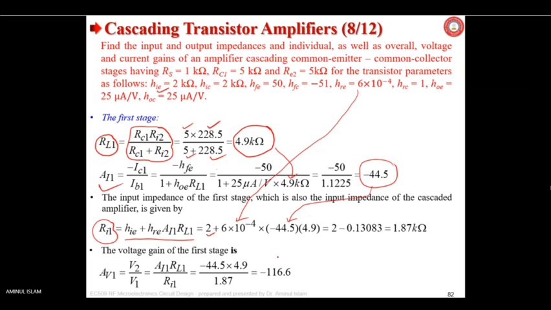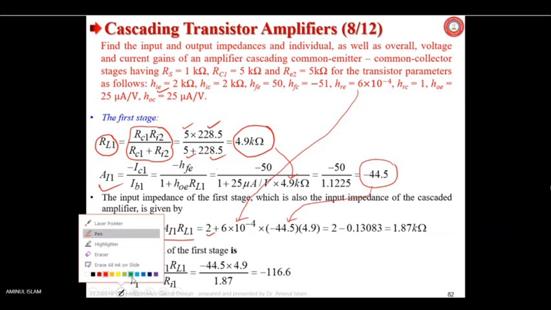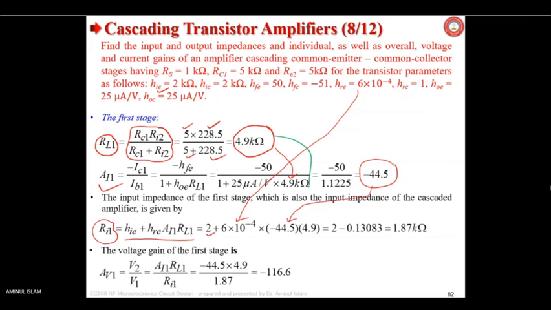Let me take another color so that it will not confuse you. This is coming here. So after calculation, you get 1.87 kilo ohm. So the input impedance or input resistance is 1.87 kilo ohm for the entire stage or combination of stages, or you can say the first stage also. The same resistance is there.